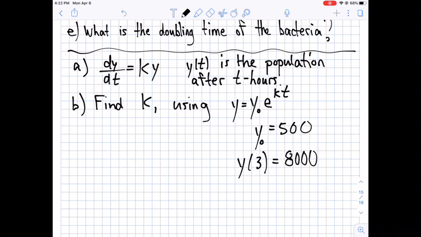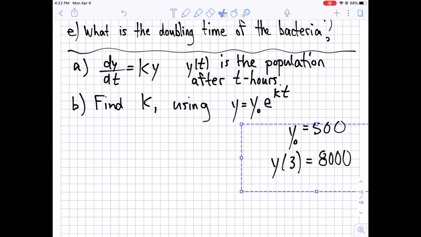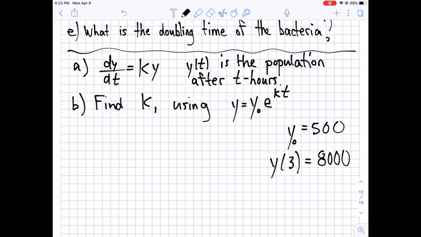Okay, so let's use some of this now. The first one, we can plug in y naught right here as 500. So y is more specifically 500 e to the kt, and we want to find k.